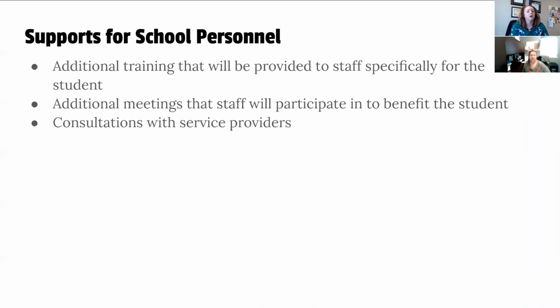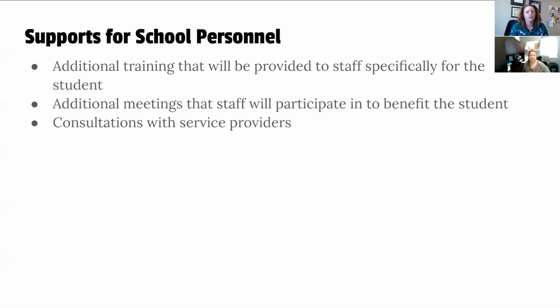Supports for school personnel are where you're going to put any services that the staff at the school needs. That might be if the student has just received an alternative communication device and there needs to be some training with the general education teacher and the special education teacher done by the SLP. Maybe that's additional meetings.